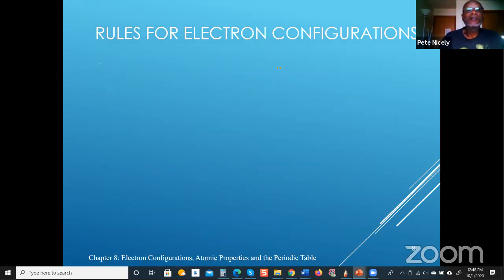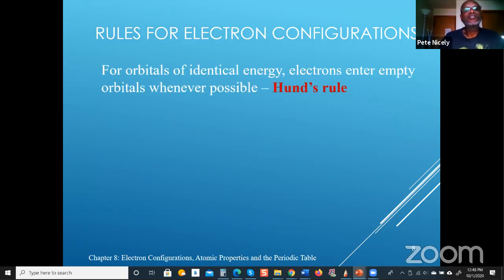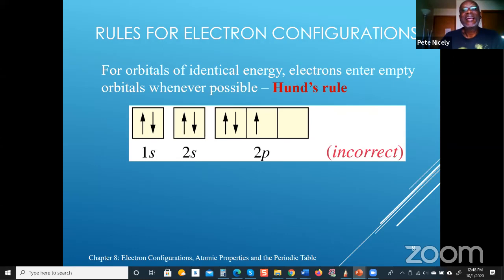Okay, moving along. For orbitals of identical energy, electrons enter the empty orbitals whenever possible. And that is what we call Hund's rule, right? According to Hund's rule, this would not be the ground state configuration. The ground state configuration would be where instead of occupying this place here, this electron would occupy the vacant orbital in the 2p sublevel.